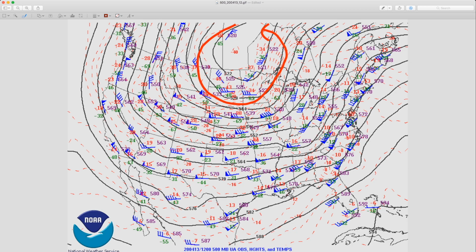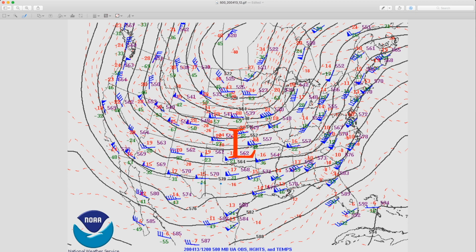For now, the only thing I want you to realize on this map is that it's a counterclockwise rotation, therefore there's going to be a big low pressure here. Now I'm going to blow it out even bigger. 105.